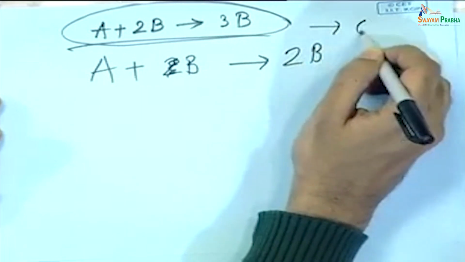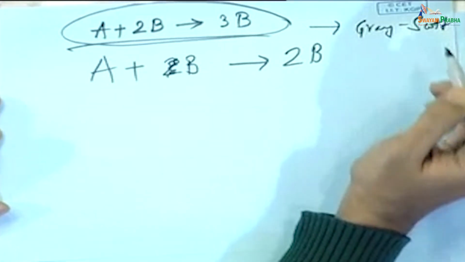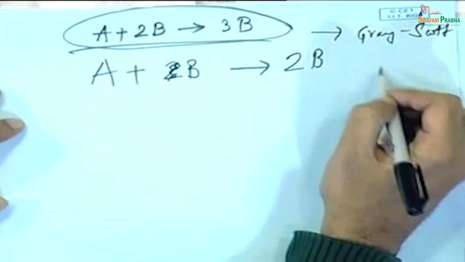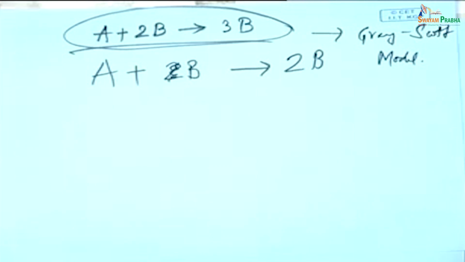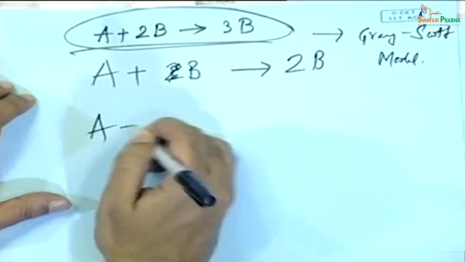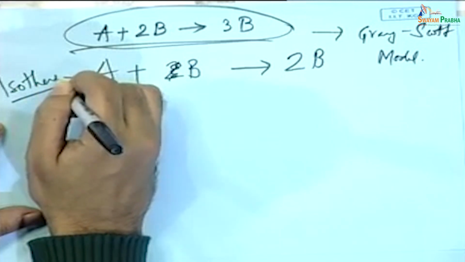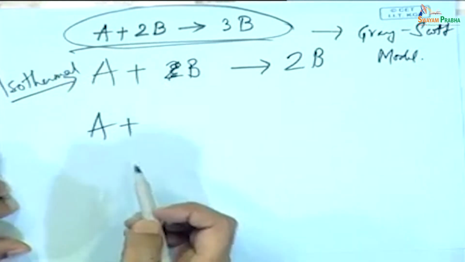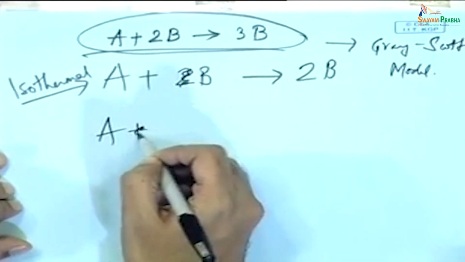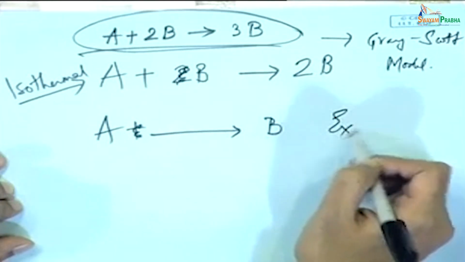A huge amount of theoretical and experimental studies have been done on these autocatalytic systems. And I'll come to why these studies have been done in a minute. So you can have a system like this, let's call this isothermal, or you can have a system as A going to be exothermic.